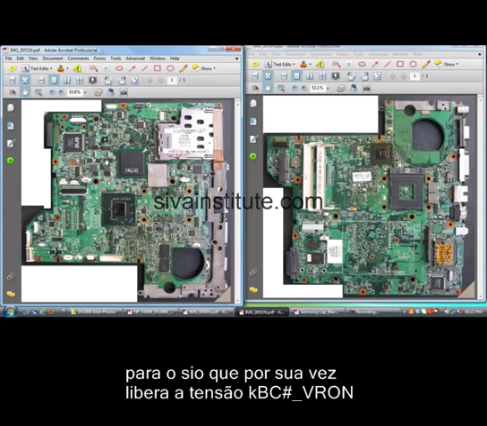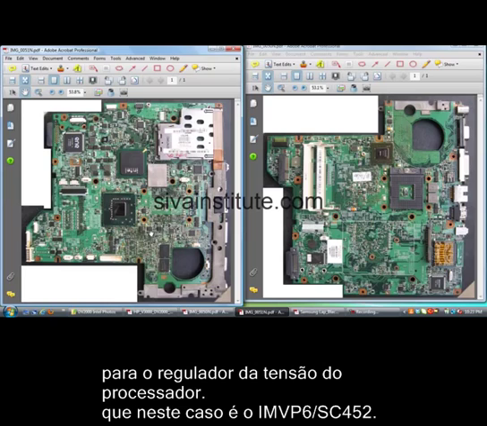These regulators release output voltages. This one regulator and this regulator IC also release output voltages. When this voltage is okay, from these regulators the voltage goes to the IO controller.